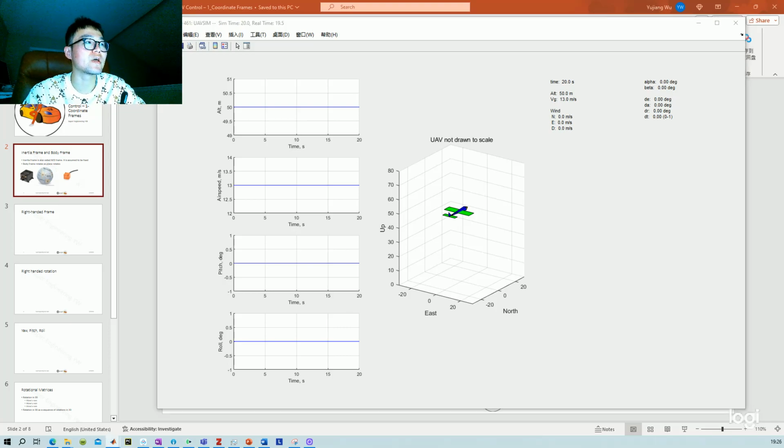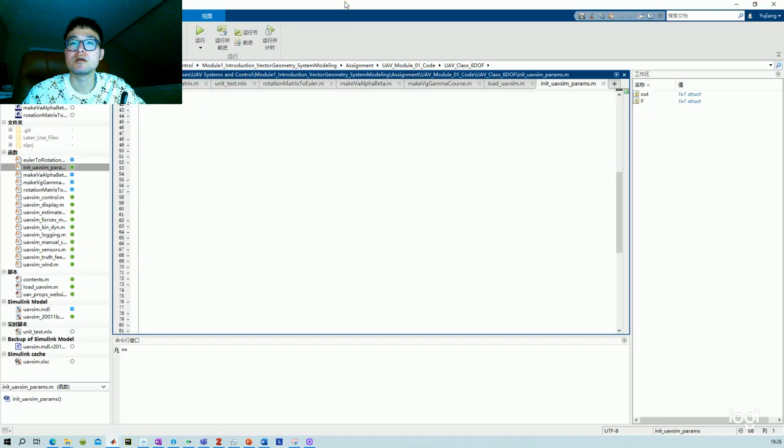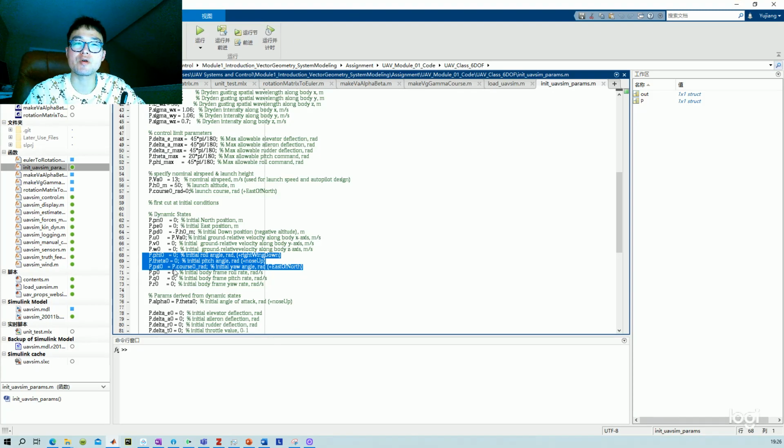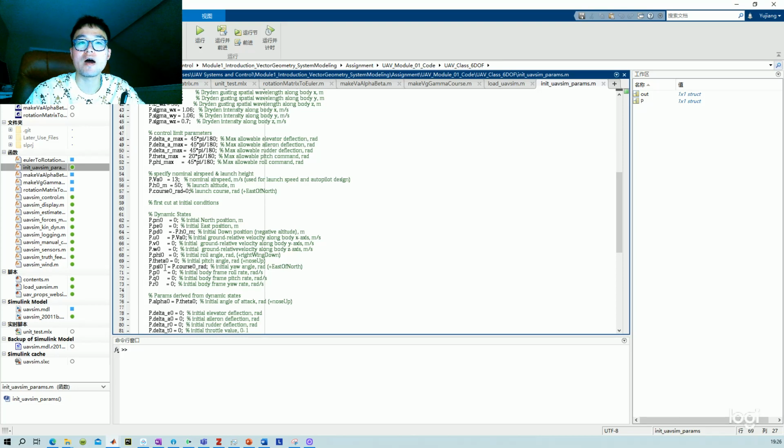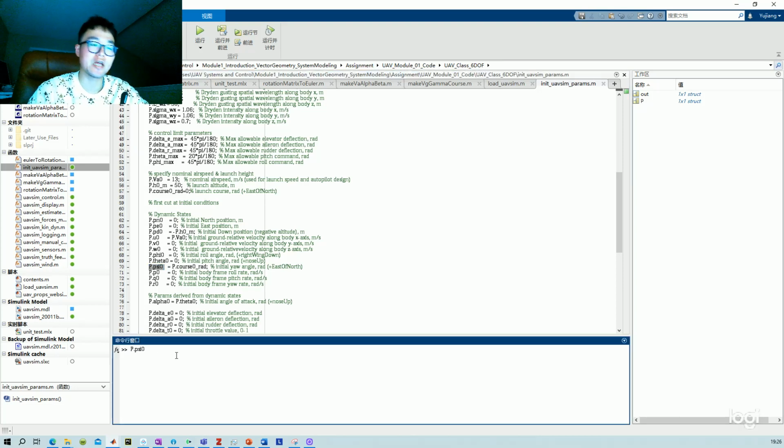What we do is input three parameters called the yaw angle, the pitch angle and the roll angle. I will talk about that a little bit later. That's called the Euler representation. But right now, let's first play with the roll angle.